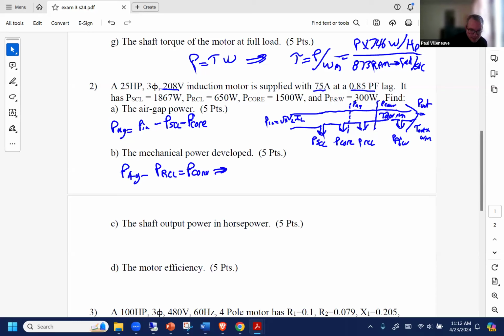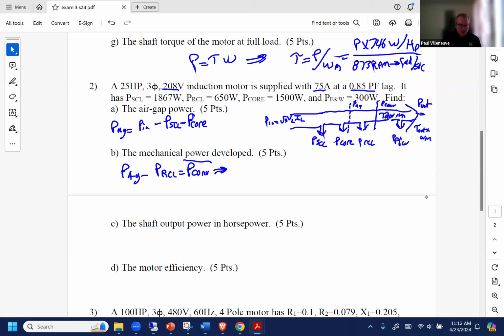And from here, I don't even need to calculate mechanical torque because this is just mechanical power. All I needed was the converted power, which is P air gap minus P rotor copper loss. So I don't even need to calculate torque as of yet.